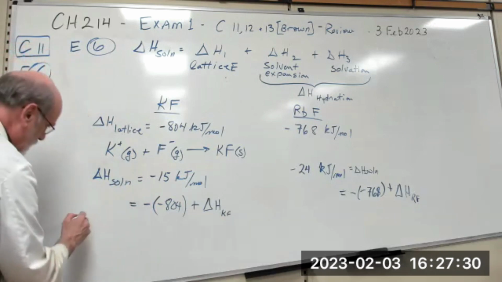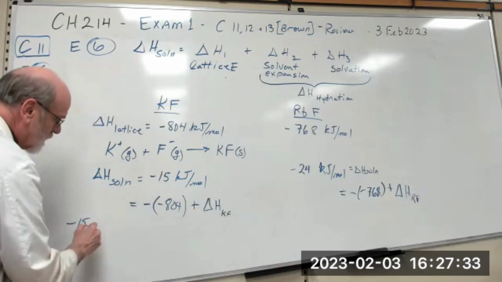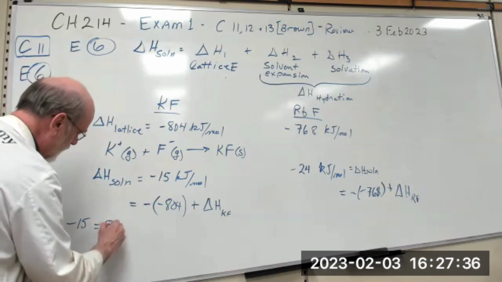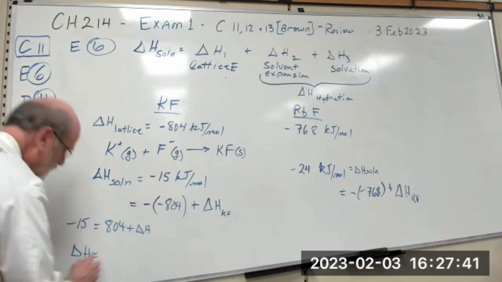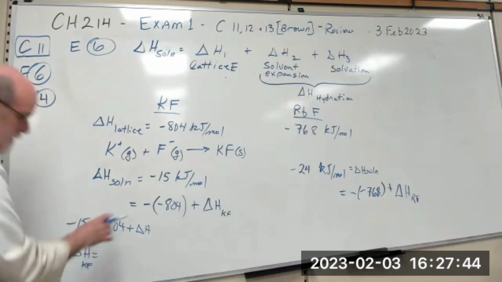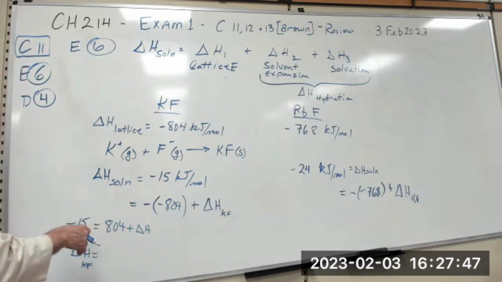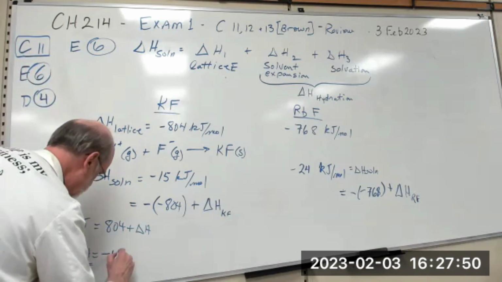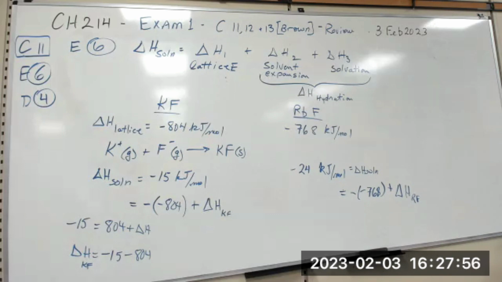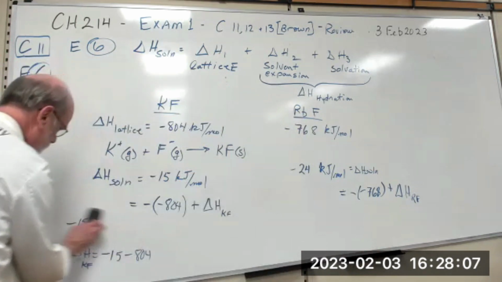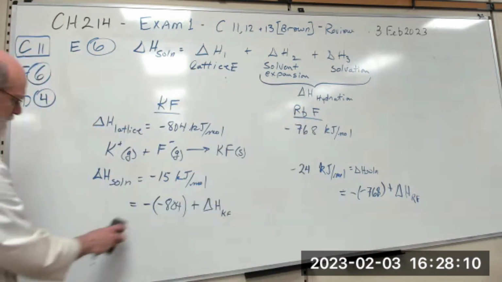So if we say minus 15 equals plus 804 plus delta H KF, then delta H for this one is equal to minus 15 minus 804. Okay? Did I lose you? Well, that's kind of confusing. Let me do it this way. Let's spread it out.